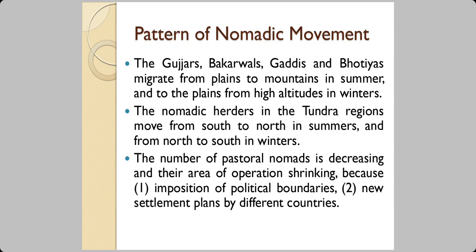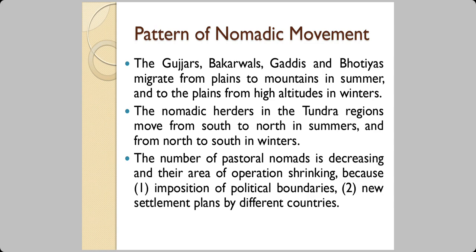The number of pastoral nomads is decreasing nowadays, and their area of operation is shrinking. This is because of two reasons, and this is to do with international politics. There is often a dispute about the boundaries of countries, and such nomadism is common on the boundaries of countries.